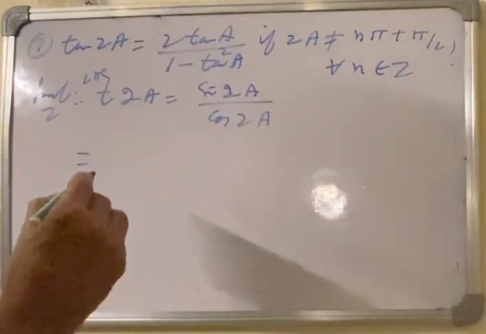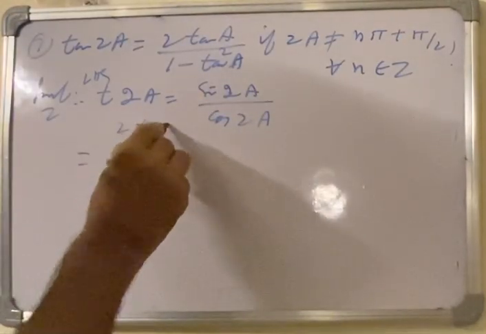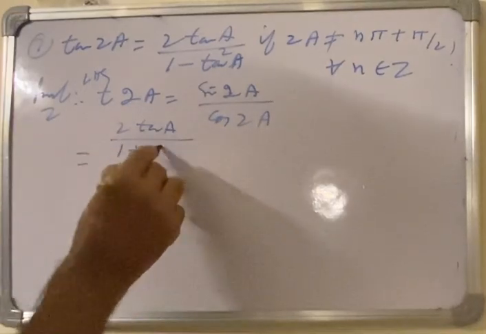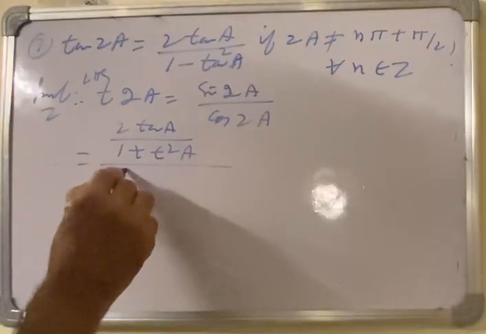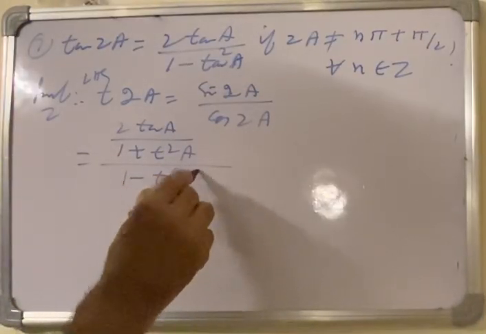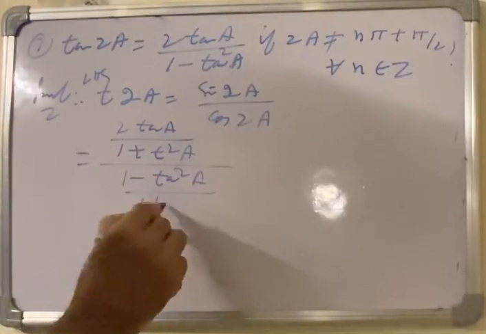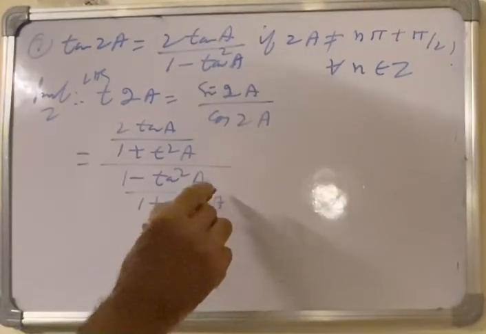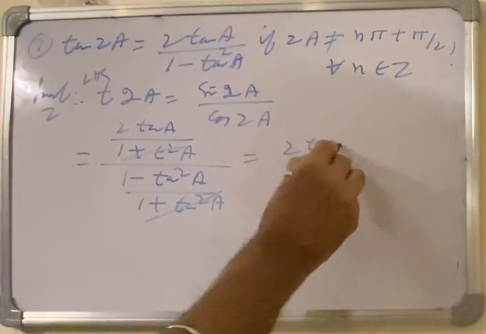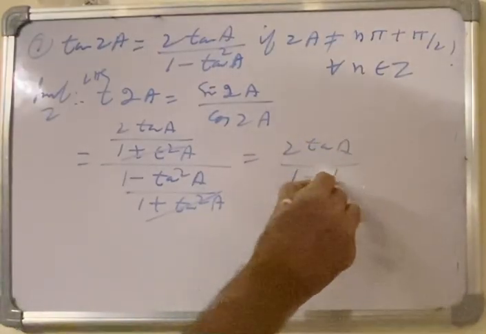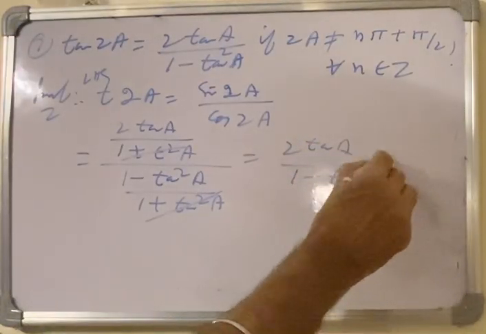Sine 2a is 2 tan a over 1 plus tan square a, over cos 2a, which is 1 minus tan square a over 1 plus tan square a. This will be cancelled, so we get 2 tan a over 1 minus tan square a, which is right hand side.